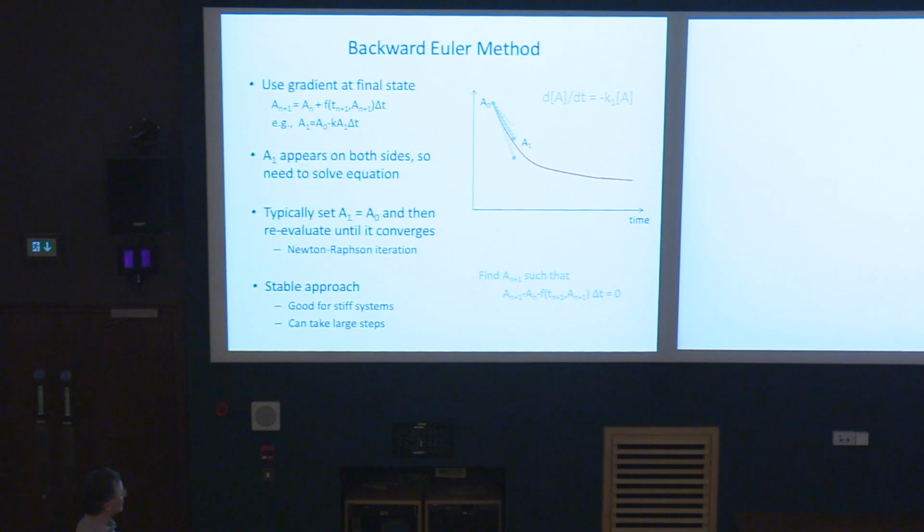We start off by using the current concentration and reevaluate, with some form of iterative solution. So it tends to produce a very stable approach, and means we can take quite large time steps. We're not limited to small time steps anymore.